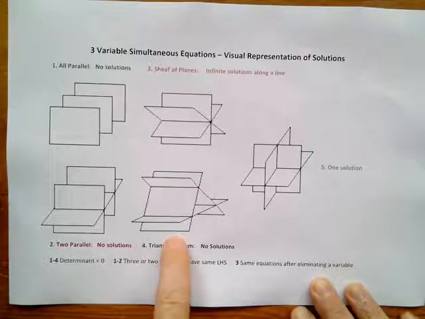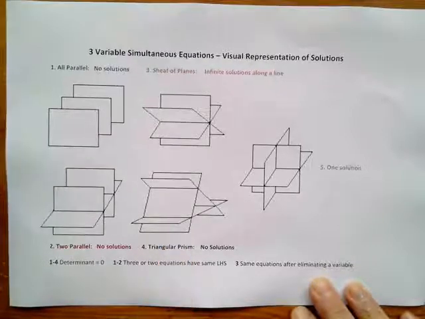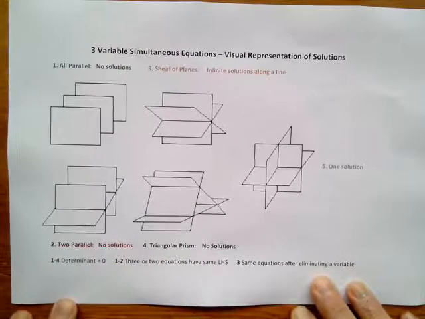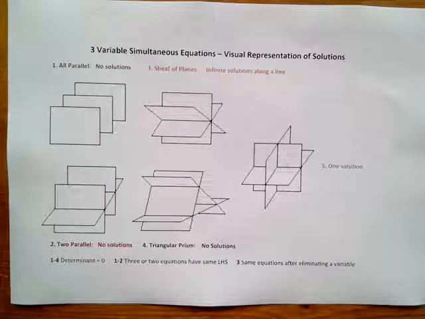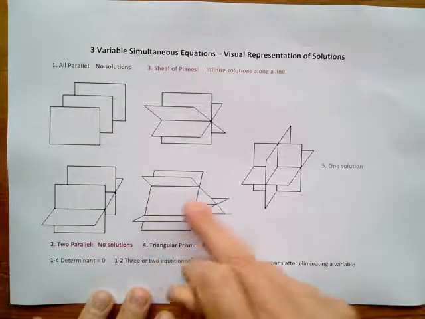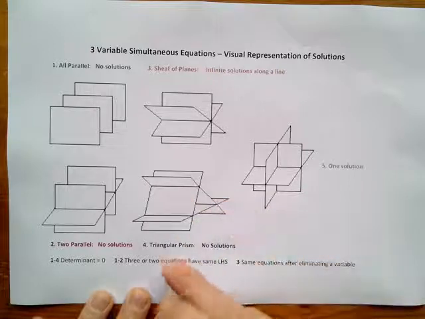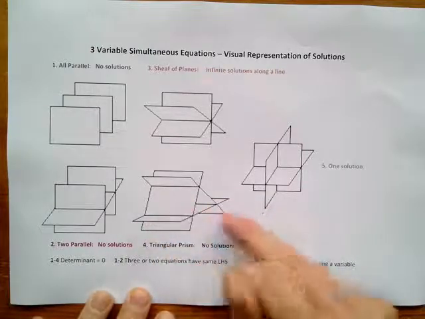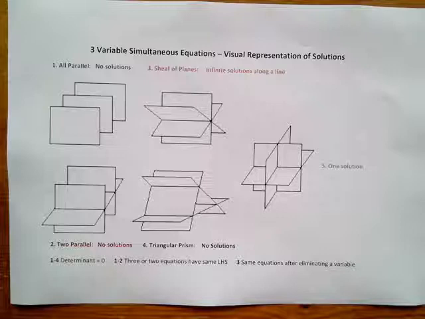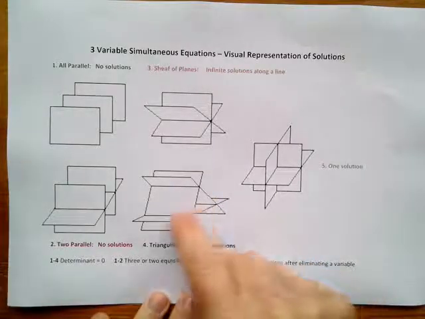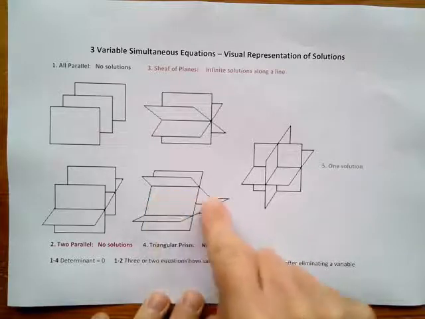It could be that none of them are parallel, so they do intersect, but they don't all intersect each other at the same point. 2 of them intersect each other somewhere, and then another pair intersects somewhere else, and another pair somewhere else. When that happens, you make a sort of triangular prism shape in the middle.